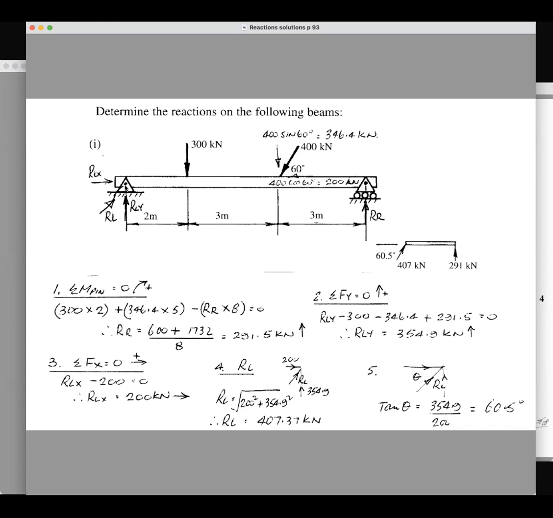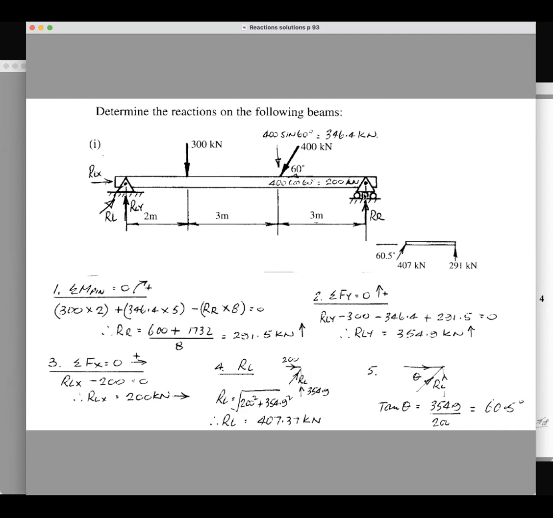And this is a pin reaction, and this reaction can resist a force in 360 degrees. So if you've got say a 10-ton truck braking on a bridge beam, this is the reaction. The pin reaction will prevent the beam from moving horizontally. And this reaction here prevents the beam from moving vertically.